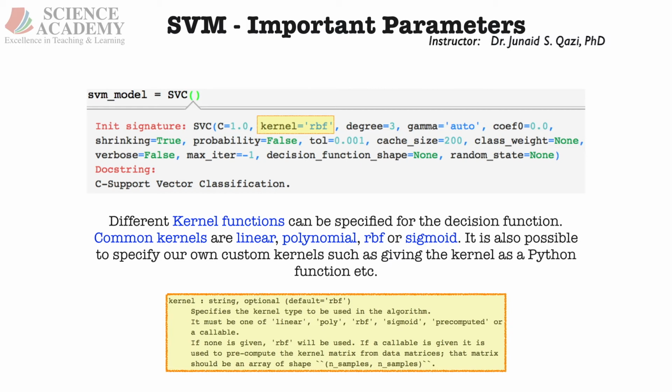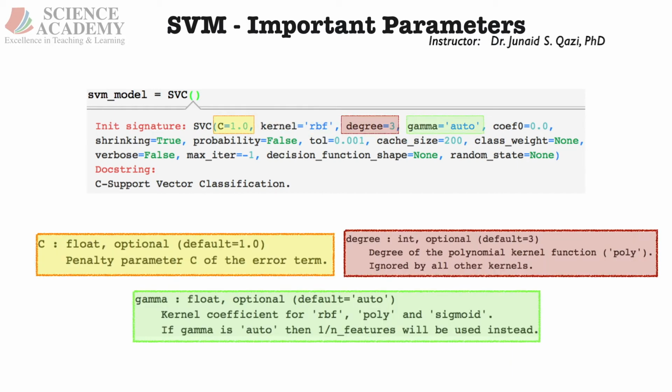However, RBF, the radial basis function kernel, is the most popular kernel function and is commonly used in support vector machines. The parameter C, which is common to all SVM kernels, is a penalty parameter for the error term. The parameter degree is a degree of polynomial kernel function and is ignored by all other kernels. Another very important parameter is gamma, which is a kernel coefficient for RBF, polynomial, and sigmoid.